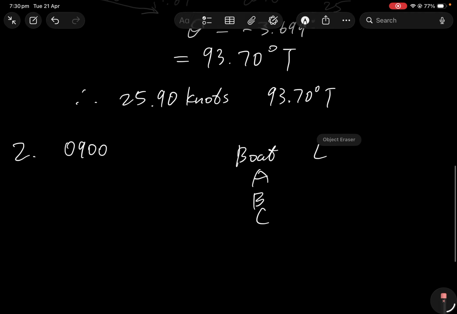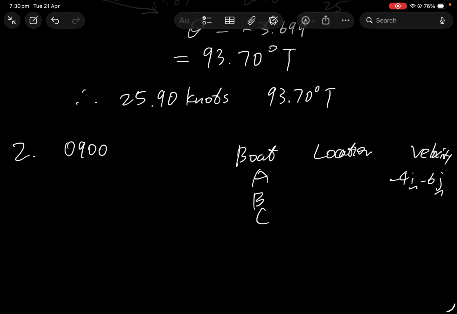Location and velocity. It's negative 4i, negative 6j, 5i take 2j, negative 7i plus 4j.